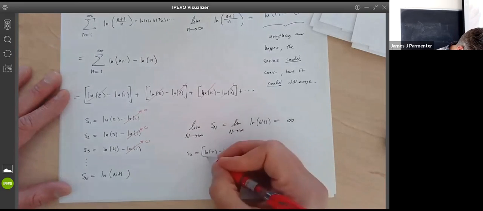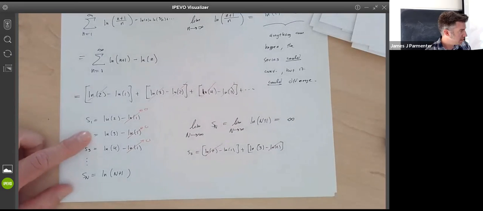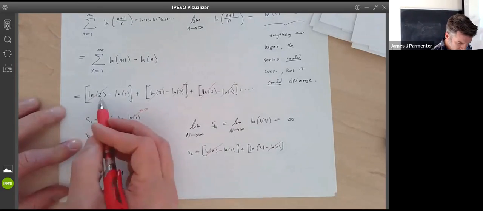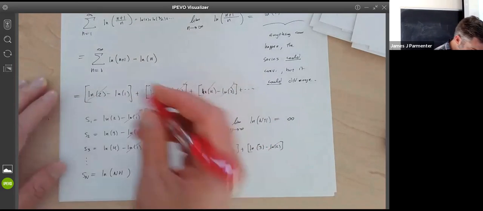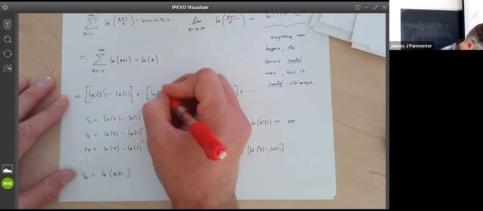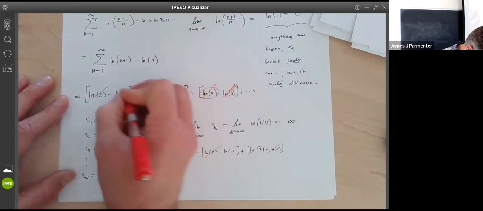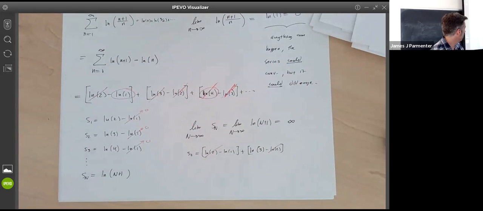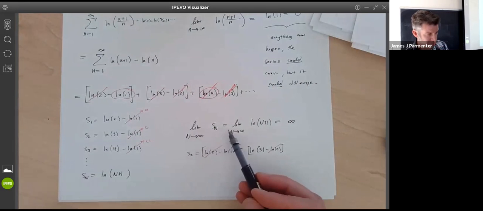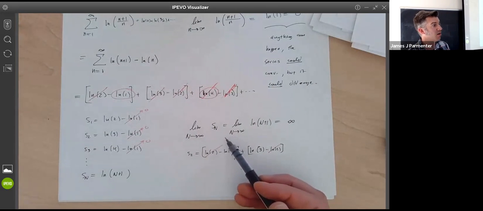And then those terms cancel. And then S3 would be these first 3 terms, and we'd see this canceling and this canceling, getting this minus that. Okay, so then this limit isn't 0.